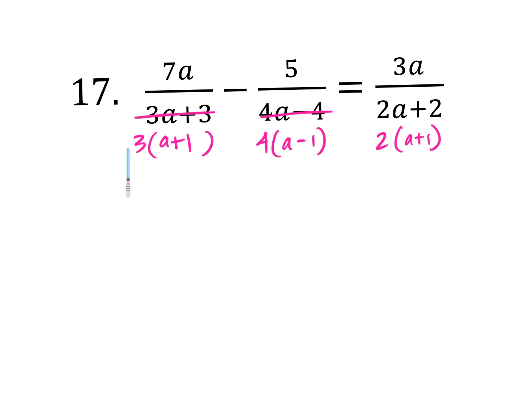Do I have to multiply everything by a 3 and a 4 and a 2? Or could I come up with one number that they all go into? 12. Does 2, 3, and 4 all go into 12? Yeah. So if you were to multiply everything by 3 and everything by 4 and everything by 2, you will get the right answer still.